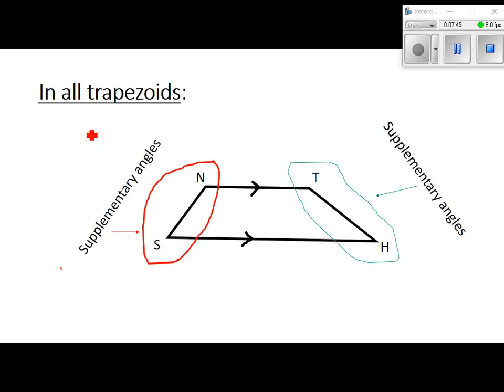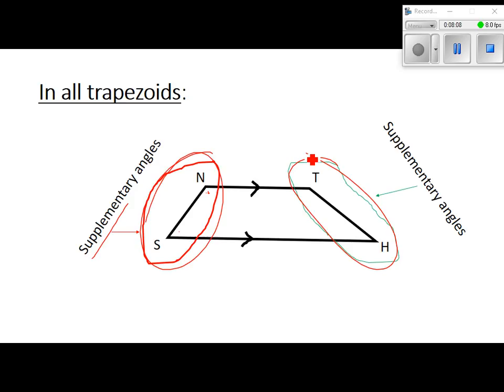In all trapezoids, we have a base angle here and a base angle here, but they're base angles that surround the two different bases. These two base angles will always add up to 180. They'll always be supplementary. And these two will always be supplementary.